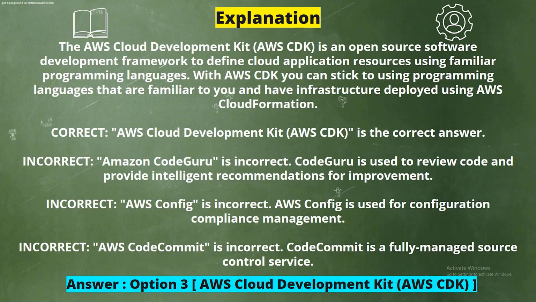Incorrect, Amazon CodeGuru is incorrect. CodeGuru is used to review code and provide intelligent recommendations for improvement. Incorrect, AWS Config is incorrect. AWS Config is used for configuration compliance management. Incorrect, AWS CodeCommit is incorrect. CodeCommit is a fully managed source control service.